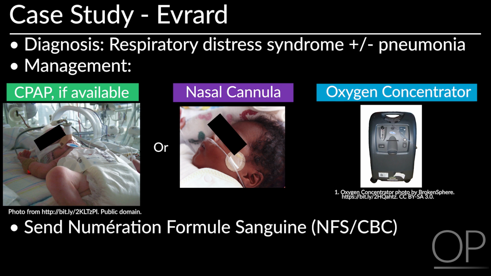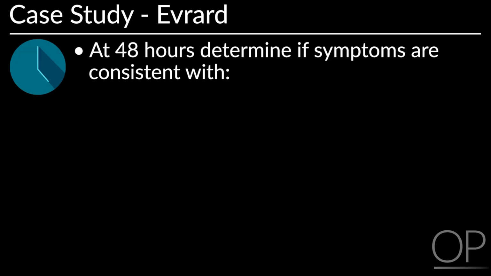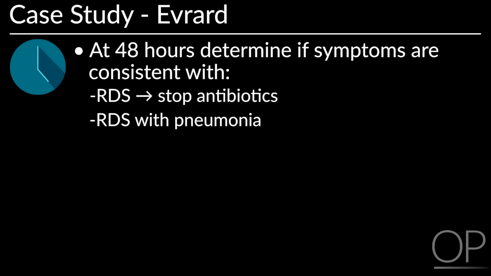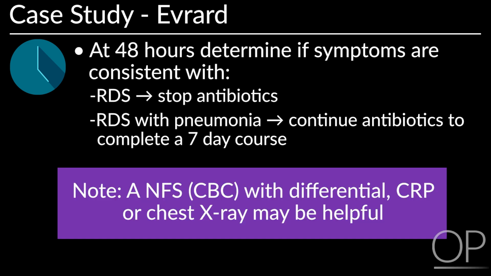An NFS should be sent, and he should be started on antibiotics, IV fluids, and a methylxanthine stimulant. At 48 hours, it should be determined if his symptoms are most consistent with pure RDS or RDS with pneumonia, and antibiotics should either be stopped or continued to complete a 7-day course. An NFS with a differential, CRP, or chest X-ray might be helpful.